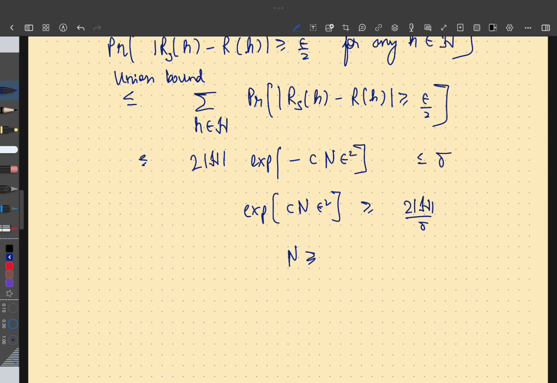So n is at least some constant times 1 over c epsilon square times log of 2 times the size of h divided by delta.